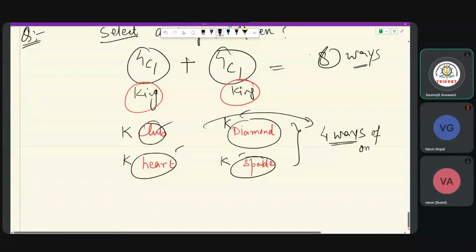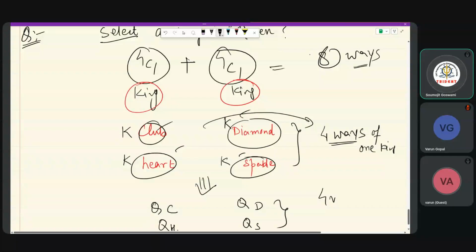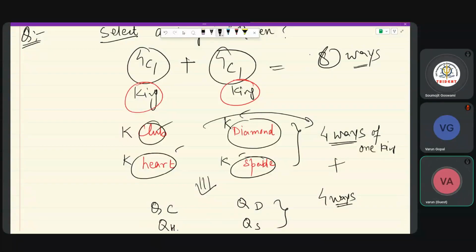Similar to this would be for queen. So queen of club, queen of diamond, queen of heart, and queen of spade. Again, how many? 4 ways. If you have to select a king or a queen, either I will select one from here or from there.